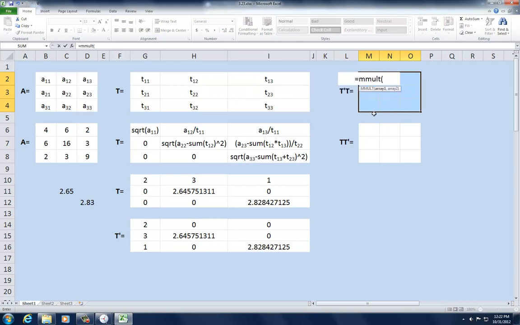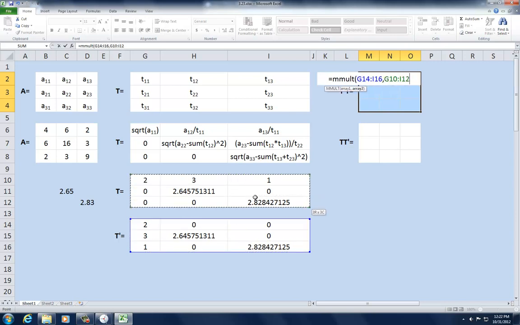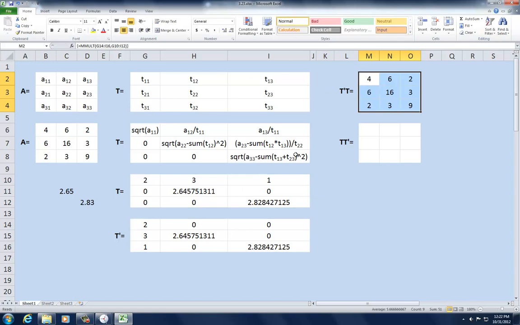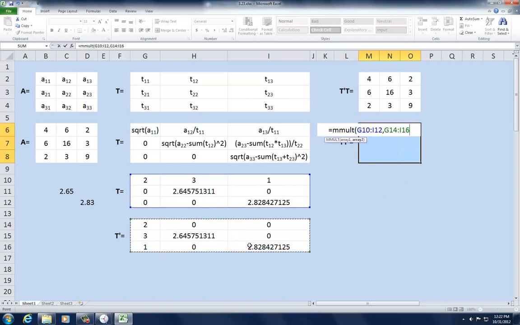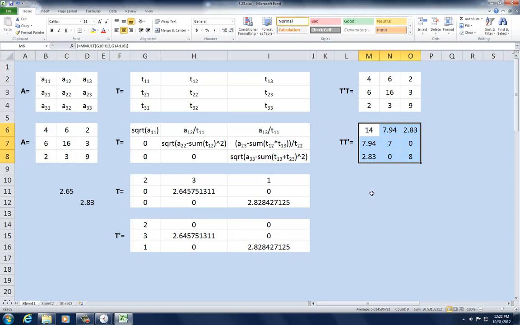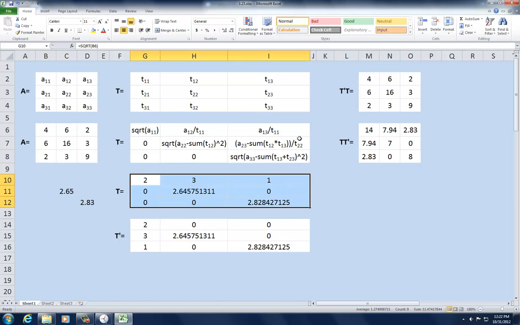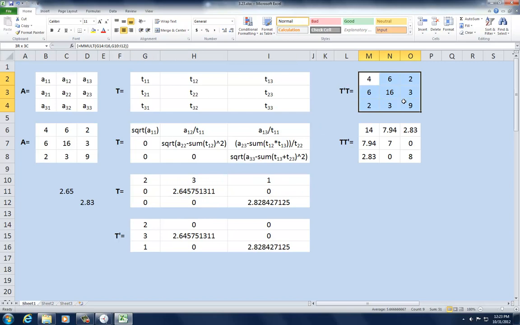When we pre-multiply by the transpose, we should get A, which we do, which is right over here, and they're equal. Now, what does it look like when you post-multiply by the transpose? T comma T transpose. It's totally different. So once again, in order to check your triangular matrix, you're going to pre-multiply it by its transpose, and you should wind up with the original matrix A that we got here.